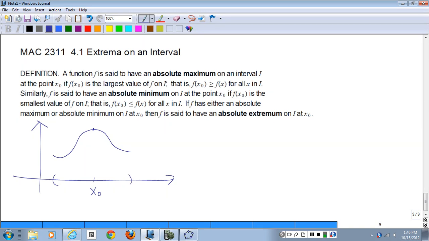If f of x sub 0, well, what's f of x sub 0 right there? f of x sub 0 is the largest value of f on the interval. Visually, it's the highest point on the graph within the interval. Now, notice the or equal to bar there.